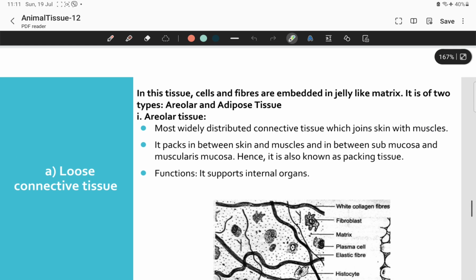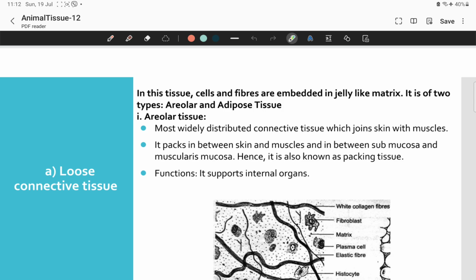In loose connective tissue, the cells and fibers are embedded in a jelly-like matrix. As I told before, matrix is of two types: jelly-like and gel-like. In jelly-like there is more water, so that's why it looks like jelly. Because of that, it is soft in nature.